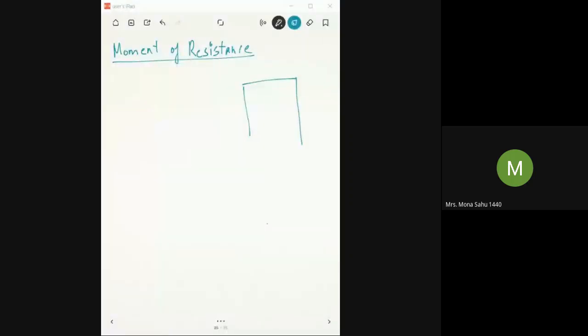Explain to you what is. This is your neutral axis, NA. If this is your neutral axis, and I want to calculate the moment of resistance of this particular layer, let's take the thickness of the layer as dy, and the distance as y.